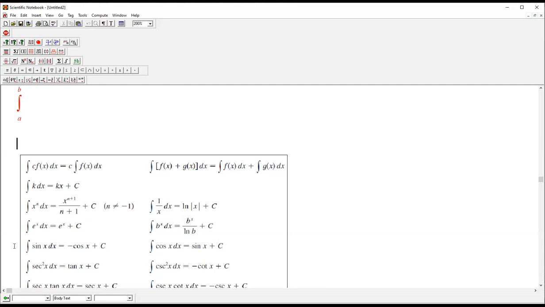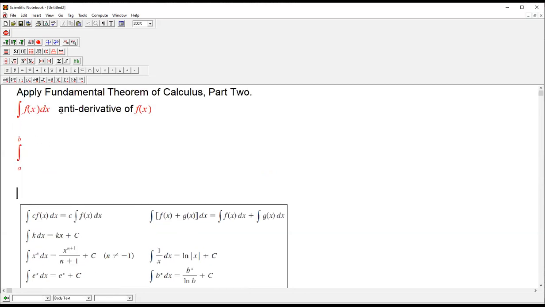Therefore, this is saying, give me the antiderivative of sine x, which is negative cosine. So negative cosine x is the antiderivative of sine x. And the antiderivative of cosine x is sine x. Okay, so when you see the notation written in this way, it's asking for the antiderivative of f of x.